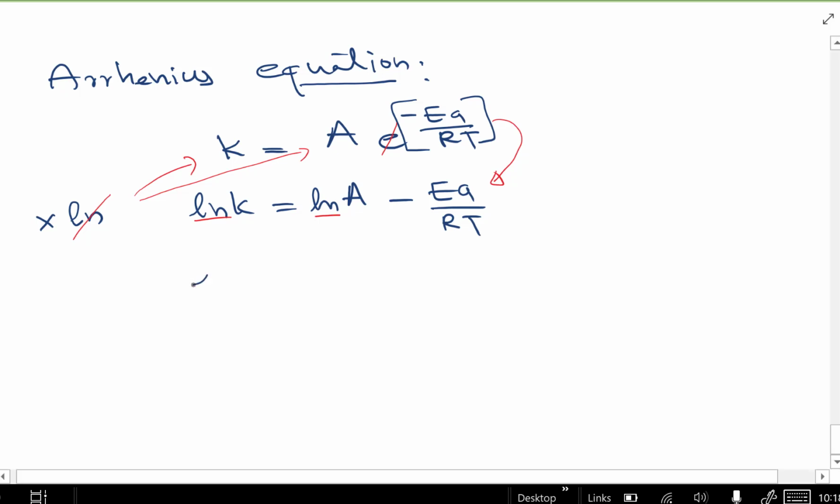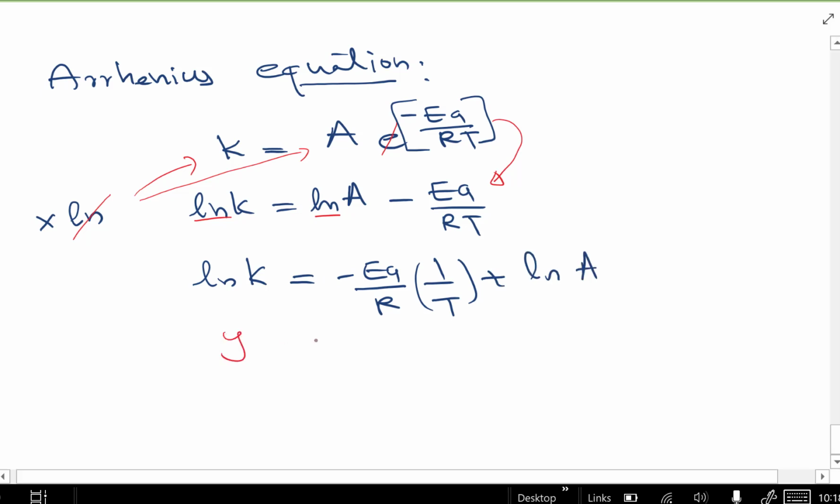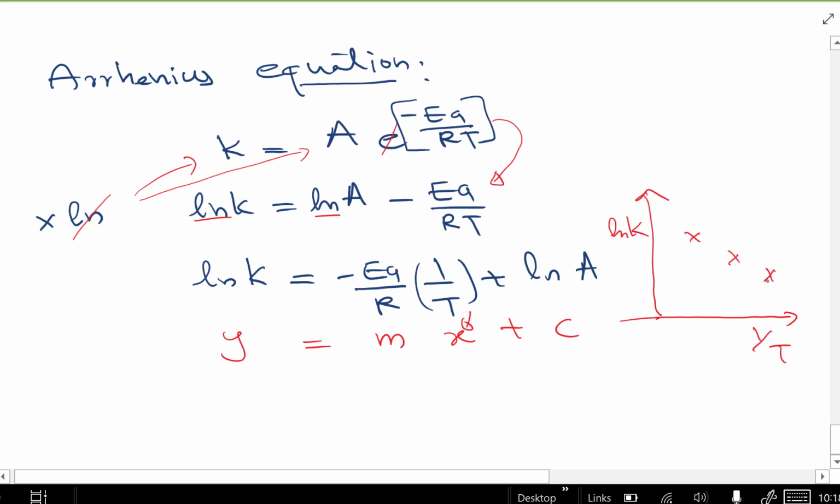Now we can rearrange this one. So ln k is minus Ea over R times 1 over T plus ln A, just by algebraic methods, right? So this looks like y equals mx plus c. That's the linear graph with lines, not hyperbolic type. So we can do evaluations and calculations based on that.